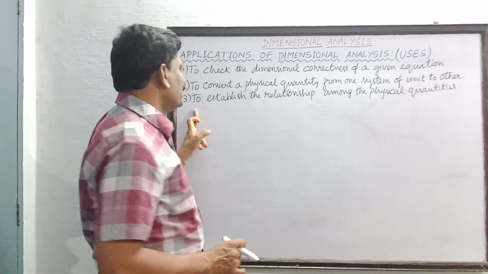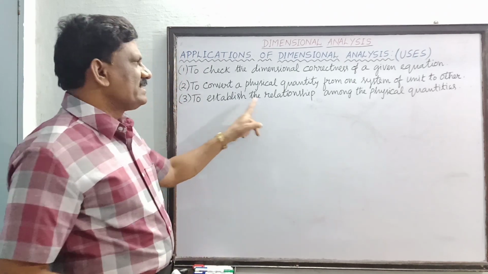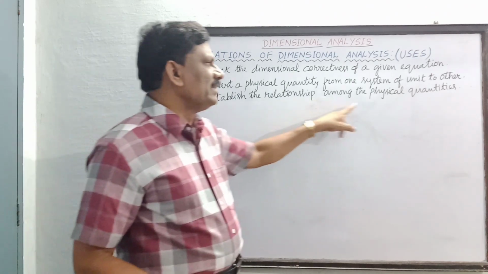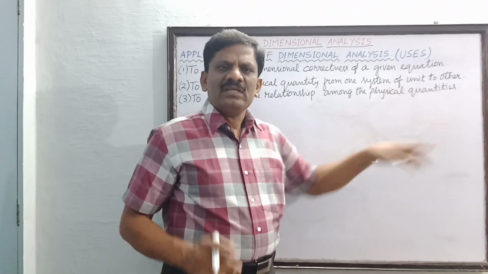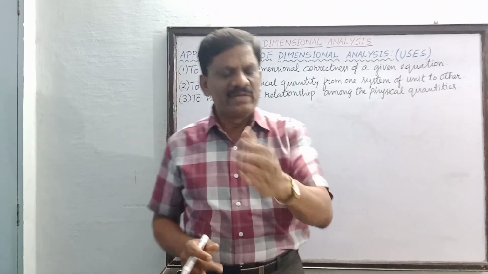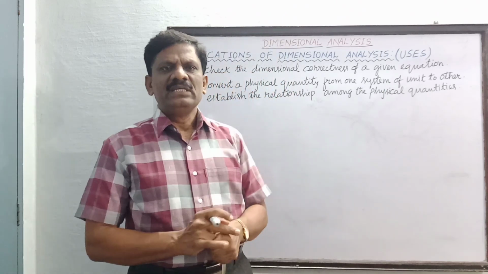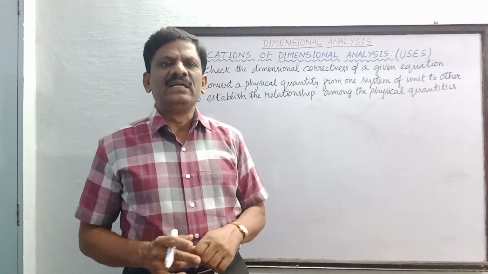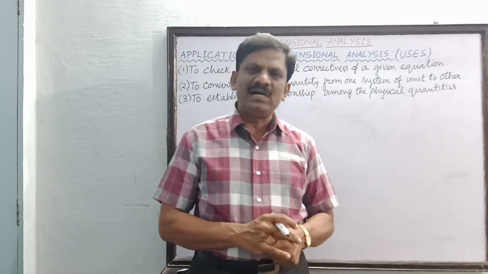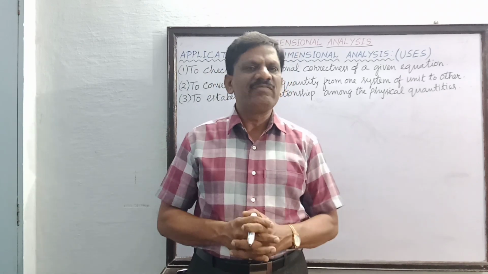The third one is used to establish the relationship among physical quantities. For example, E is equal to mc square. This is Einstein's mass-energy equation. E stands for energy, and on the right hand side m stands for mass and c is the velocity of light.